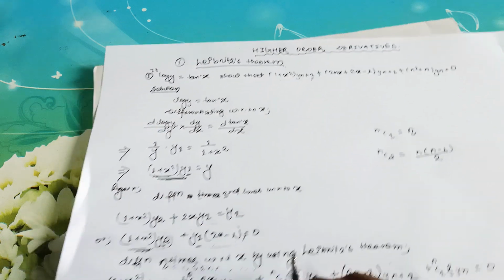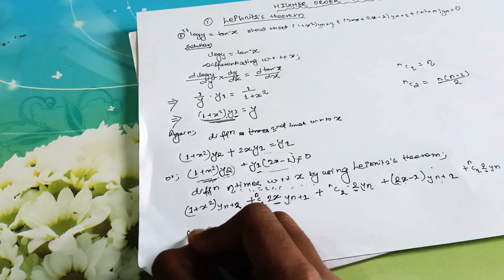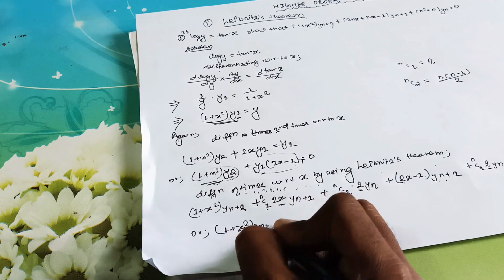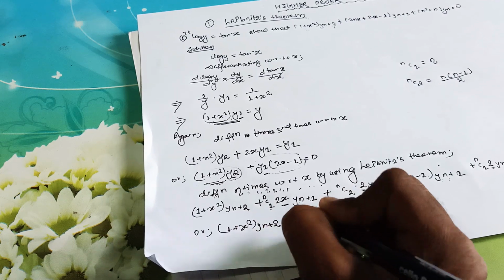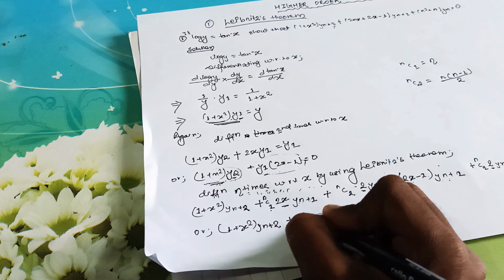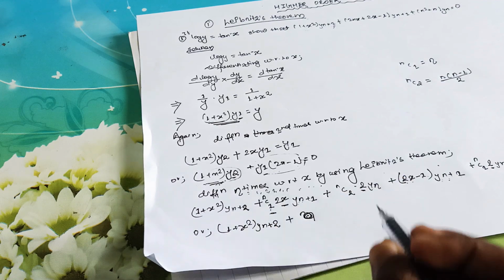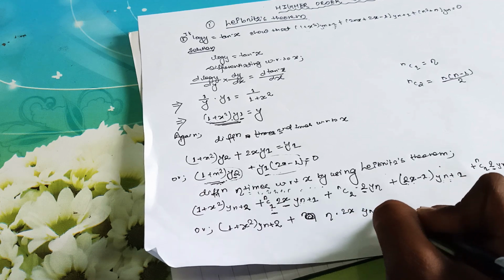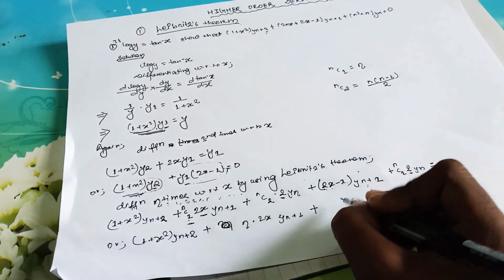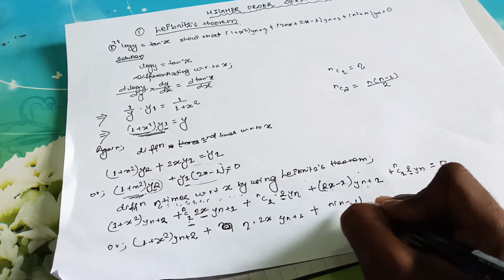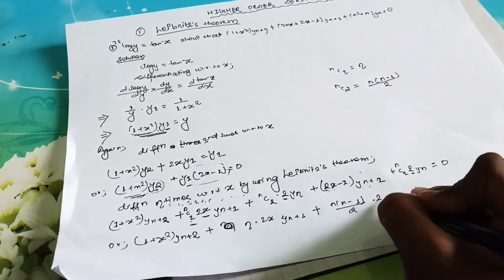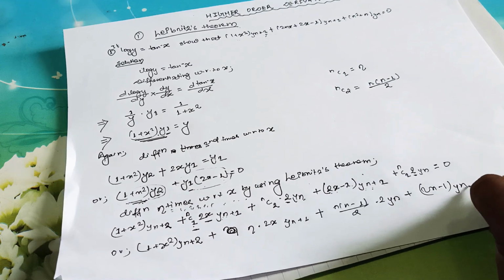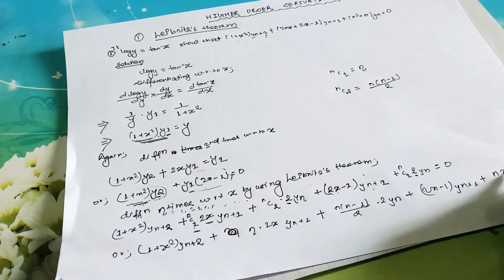Now the solution: nC1's value is n times 2x times y(n+1), plus n(n minus 1) by 2 times 2 yn, plus (2x minus 1) y(n+1), plus n times 2 yn.